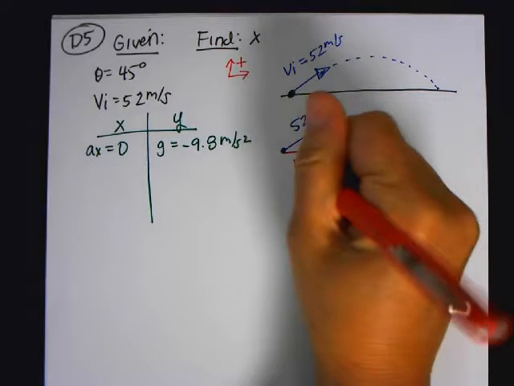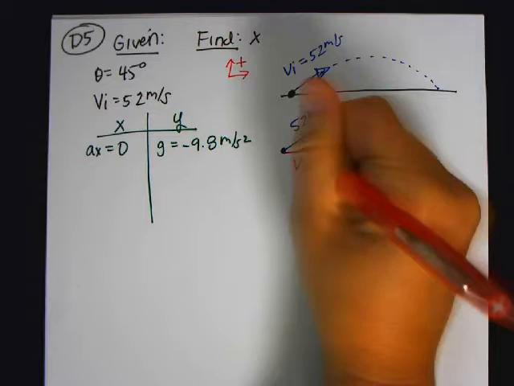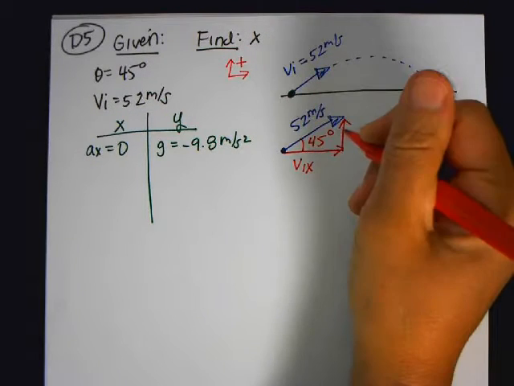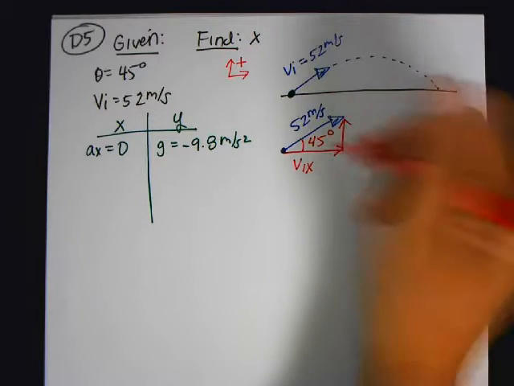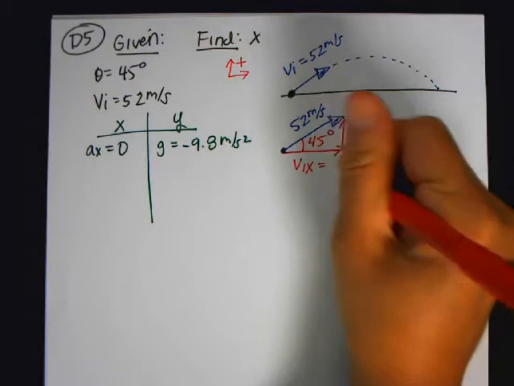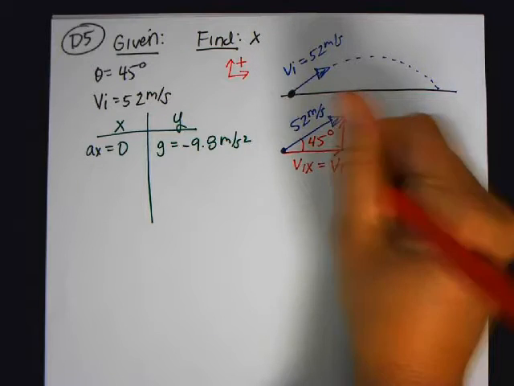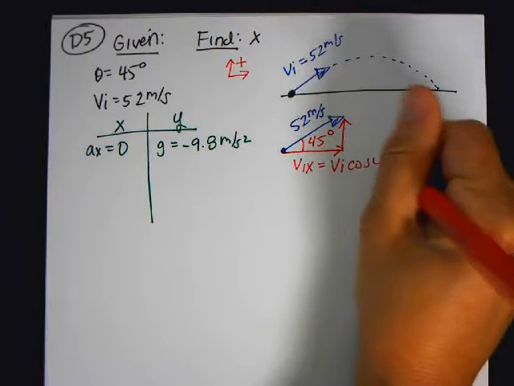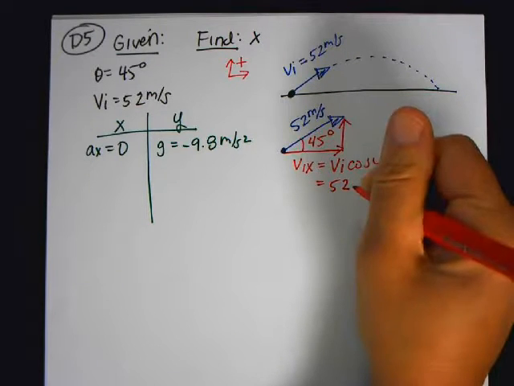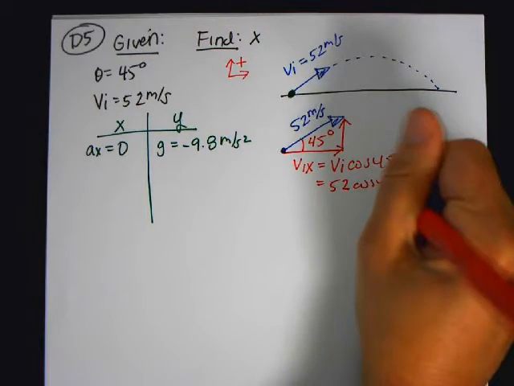So VIX, and this is my angle here, theta, which is 45 degrees. For 45 degrees, the sine and cosine are the same. So this, VIX, is going to be VI cosine of 45, which is going to be 52 cosine of 45.